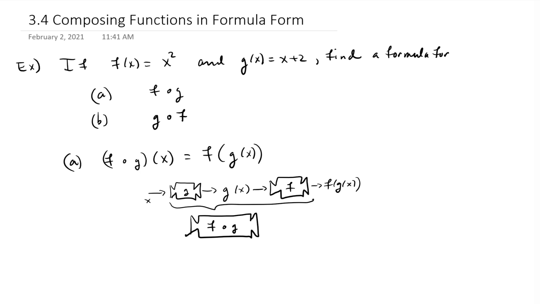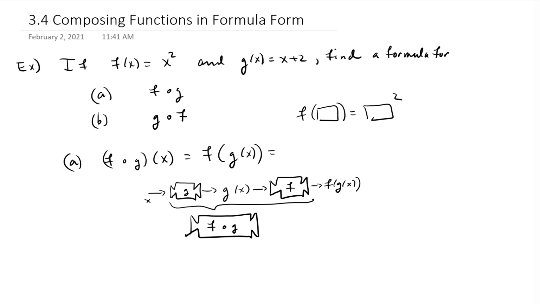But this notation, f dot g, makes sense when we write it as f dot g of x, and it's easy to remember that g acts first, so it's f of g of x. So what's f? f of anything is that thing squared.